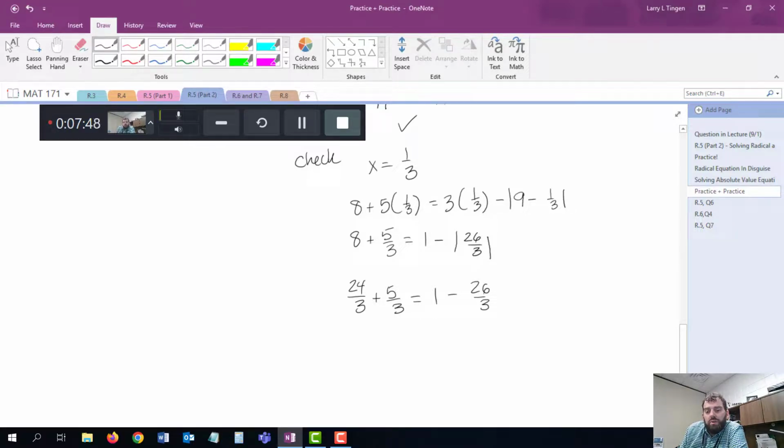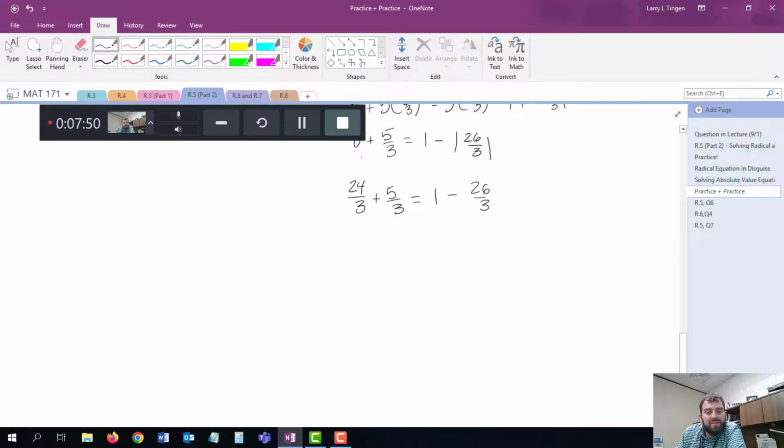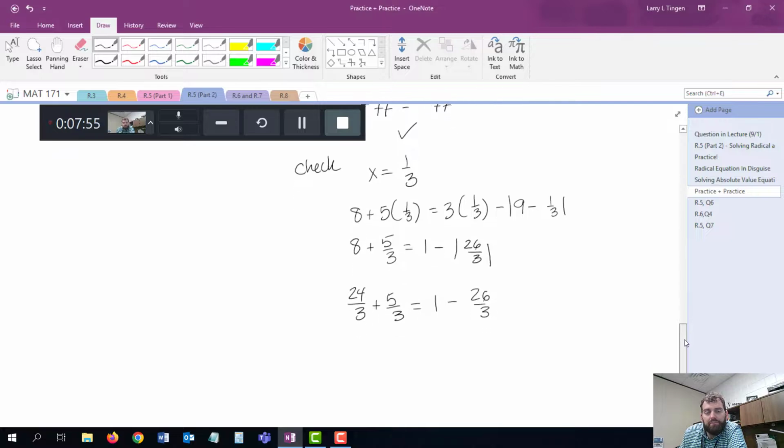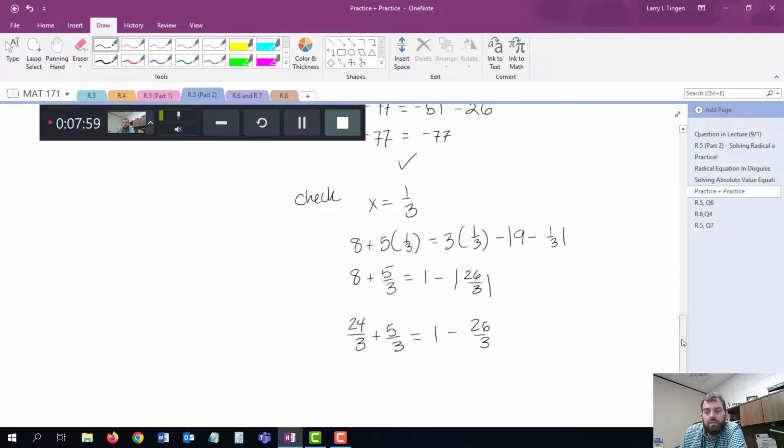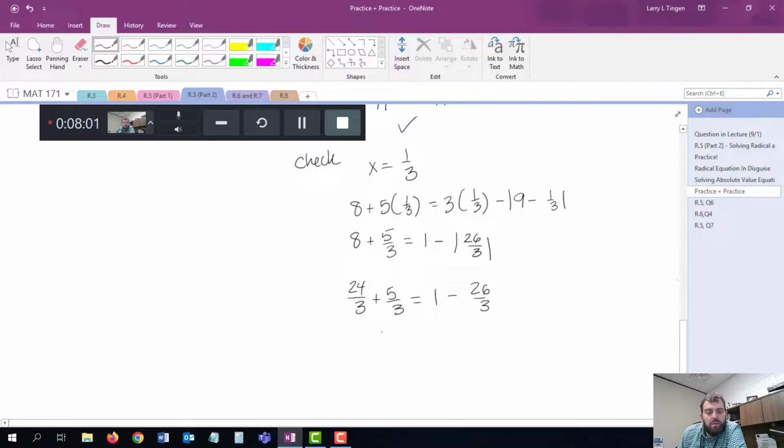On the left, 24 plus 5 is 29 over 3. And then on the right, 1 minus 26 over 3. 1 is the same thing as 3 over 3. So 3 over 3 minus 26 over 3.